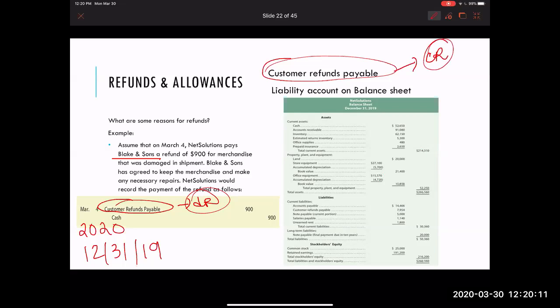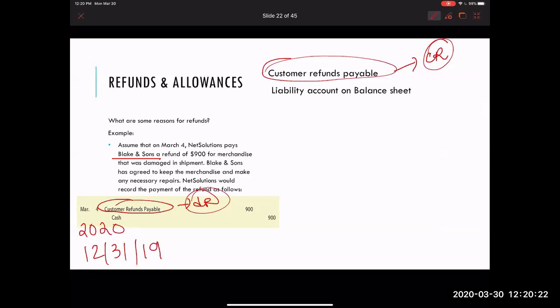So again, this goes back to your adjustment entry that you did. If I could draw a T account of what this looks like, this is my customer refund account, right? It's a credit.